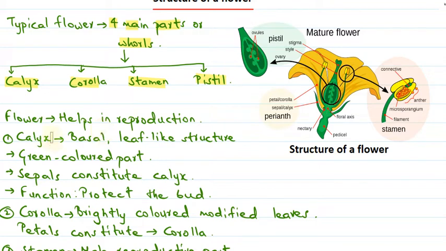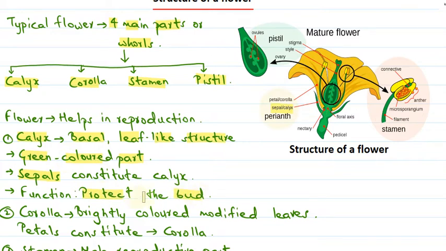First we studied the calyx, the basal leaf-like structure, green in color and constituted by sepals. Its main function is to protect the bud.